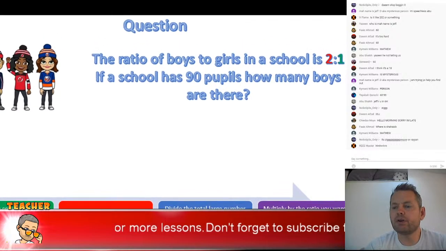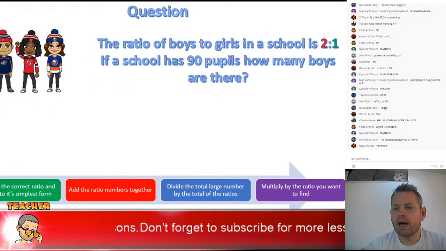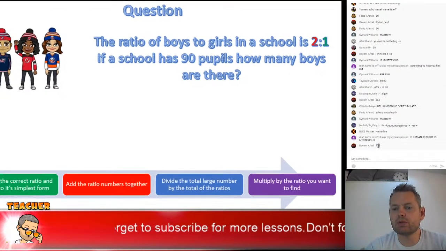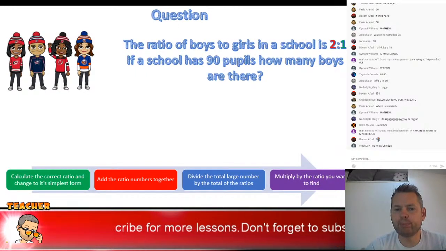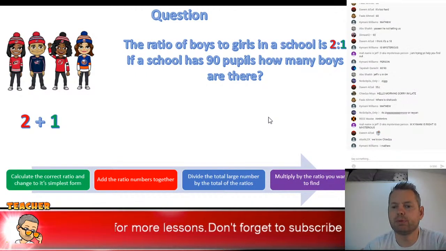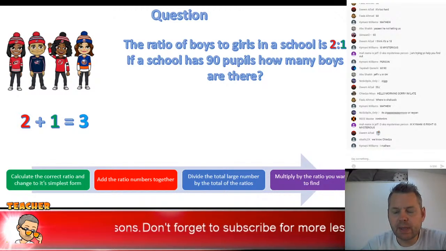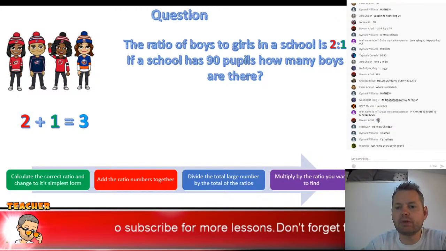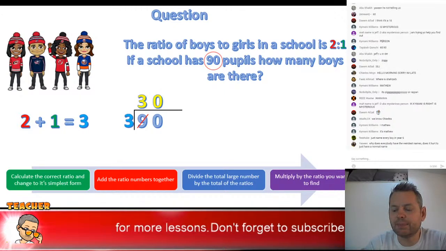So we use our ratio first, which is 2 to 1, and we add them together, which means we've got 2 plus 1. 2 plus 1 equals 3. And this is the number we're going to use to divide the total number of pupils. So we're dividing 90 by 3, which gives us the answer of 30.